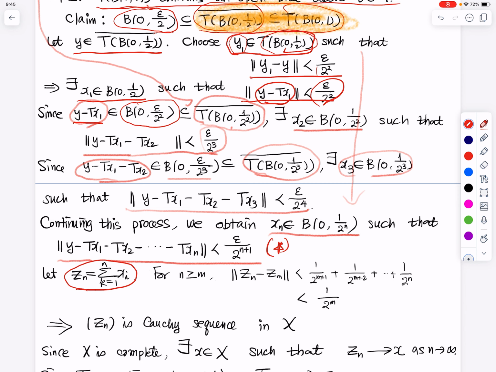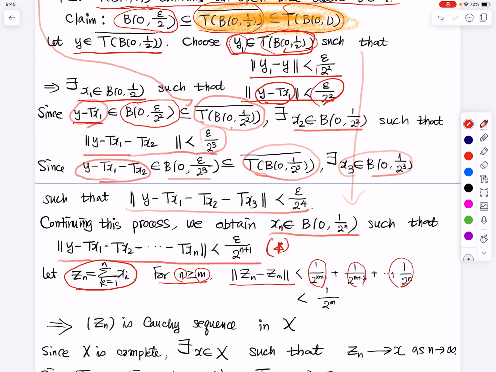Then you can prove this zn is a Cauchy sequence. For any n greater than m, I compute the norm of the difference between the two elements, zn minus zm. I assume n is greater than or equal to m. The remaining part is only this part.